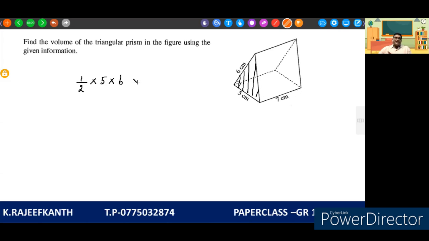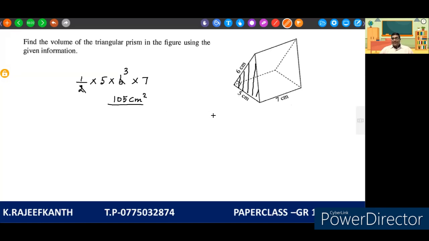Now we have to multiply by the length or height. Now here we can divide by 2, then 3. 5 times 3 is 15. 15 times 7 is equal to 105 centimeters cubed. Right? So in this way we can find the volume.